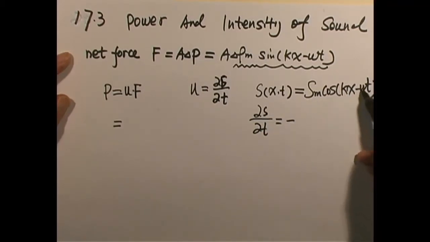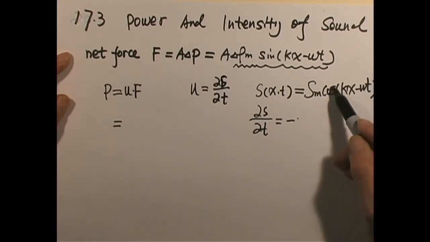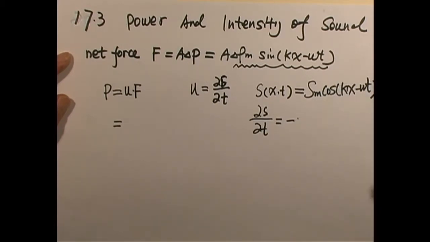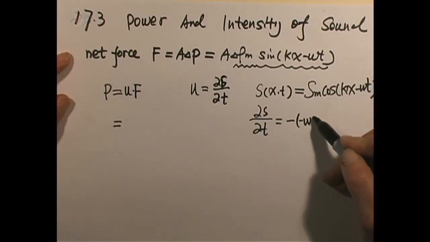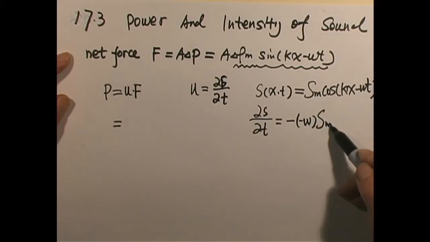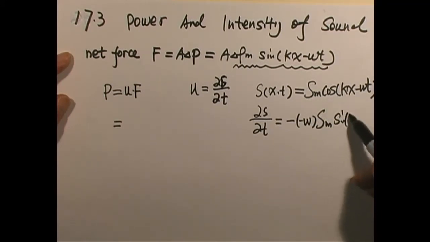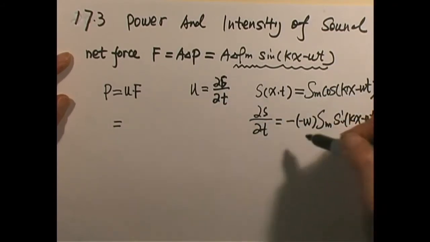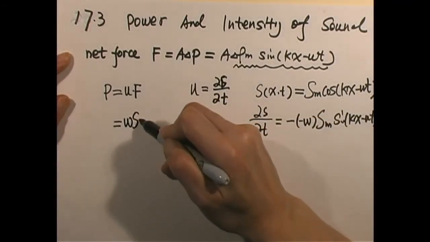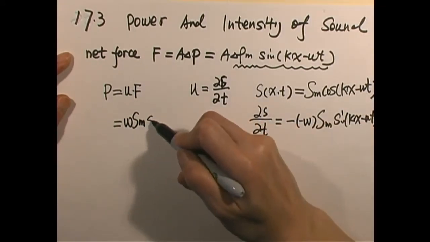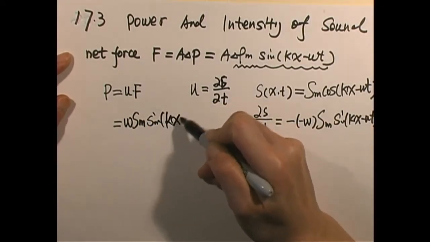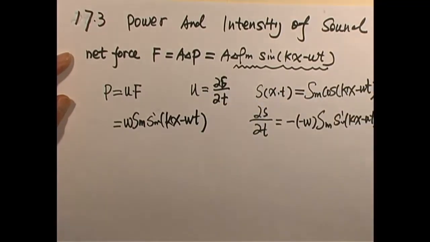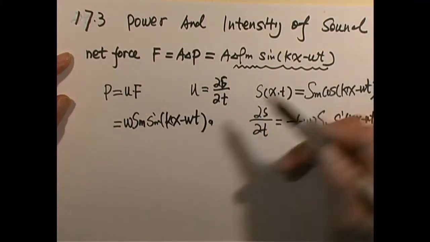We have a negative, this omega, the negative comes from cosine changing to sine. But when we take partial t, another negative comes out, which is negative omega, and this s_m remains, cosine changes to sine of (kx minus omega t). So we have a result of partial s over partial t as omega s_m sine(kx minus omega t), times the net force F.